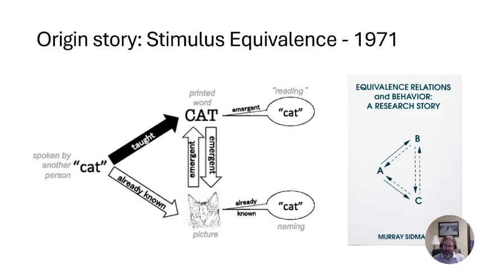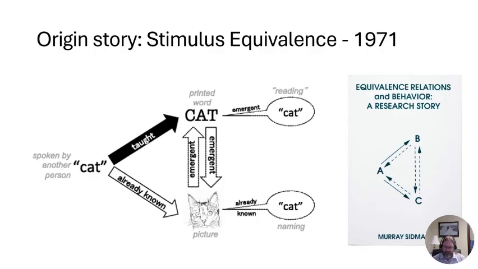For example, they had never been directly taught that the letters C, A, and T were linked to this picture of a cat. And yet, with those two relations being taught, they saw the emergence of these untrained relations between the letters C, A, T, and the picture of the cat, and then the responses. That new observation was called stimulus equivalence.